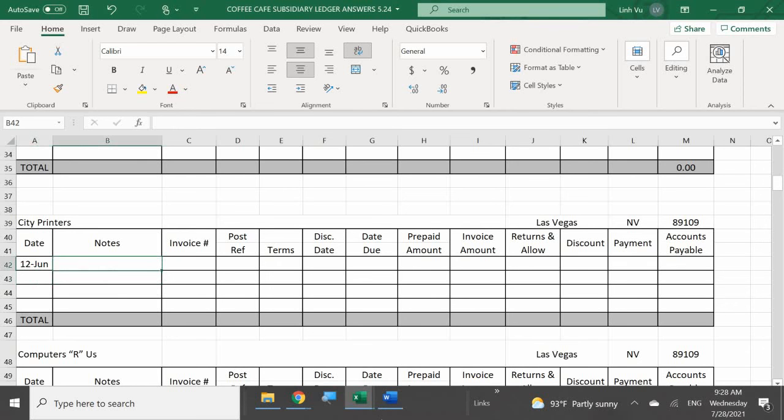In this case, we're going to make a note here that we had to make a down payment on flyers.